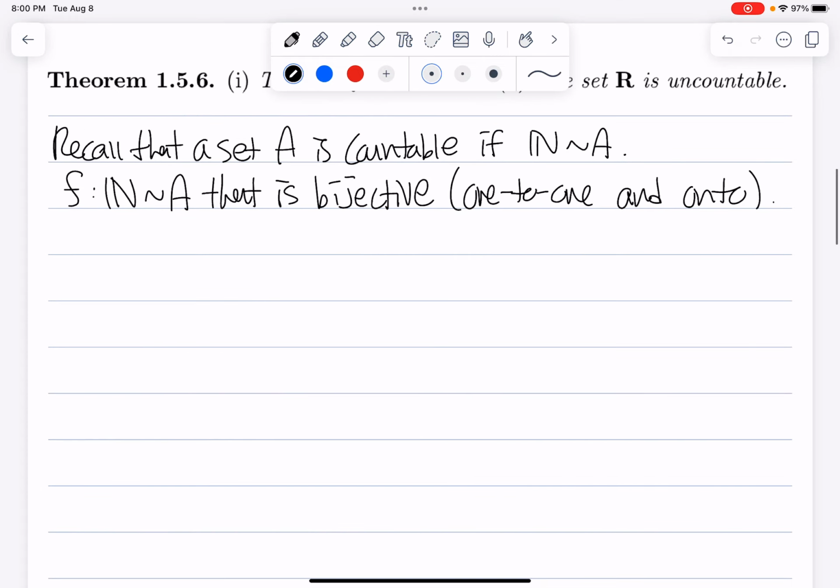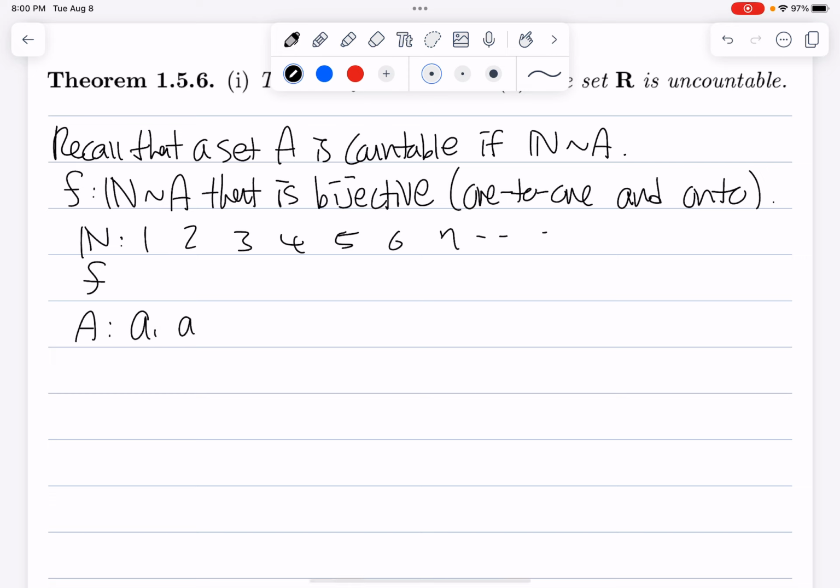So what this means is that we have the natural numbers that go 1, 2, 3, 4, 5, 6, 7, and so on. And we have a function that somehow maps the natural numbers to A in a way that it is one-to-one and onto. Like this.